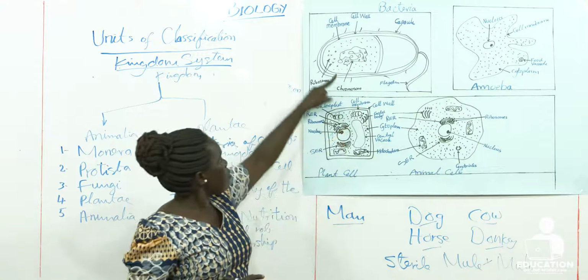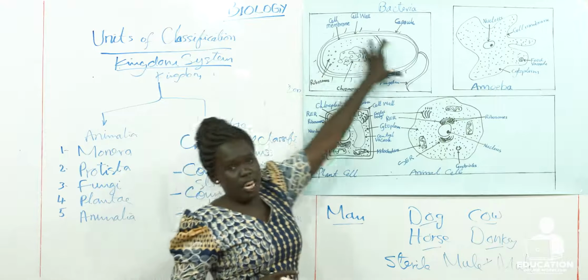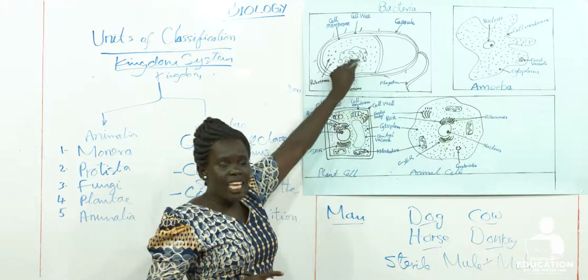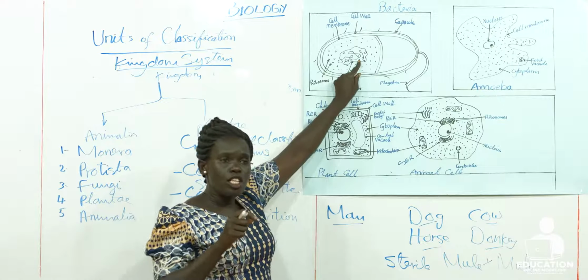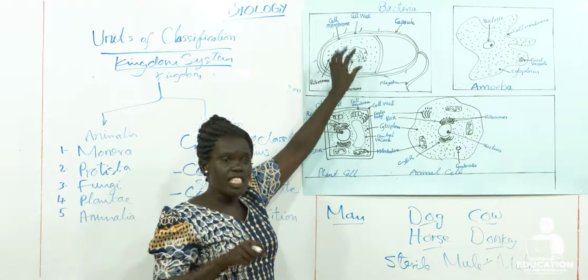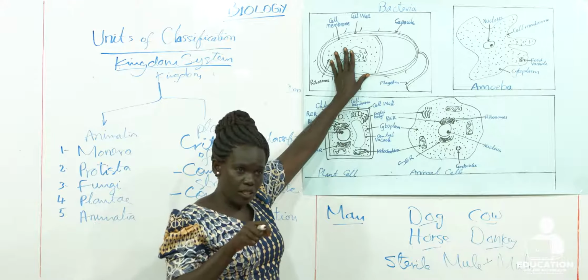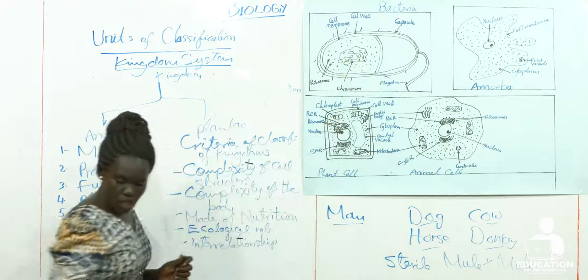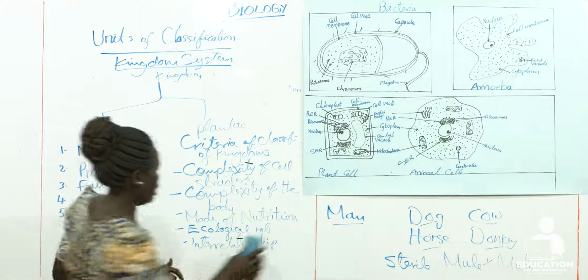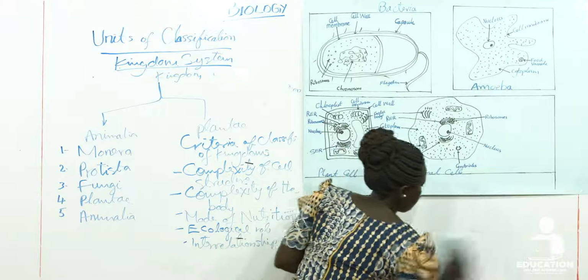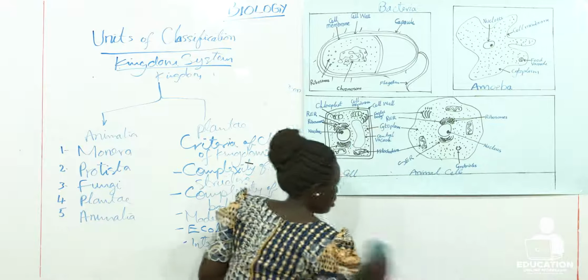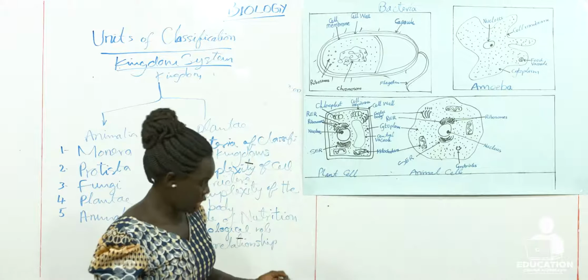When you look at bacteria, this is a cell. But this cell lacks nucleus. Such type of cells is known as primitive cell, or another name for that is called prokaryotic cell.